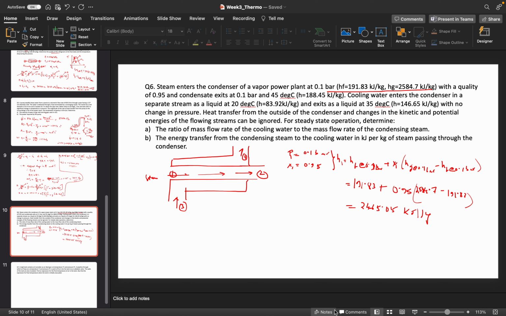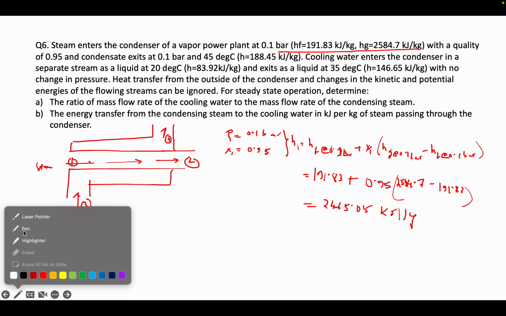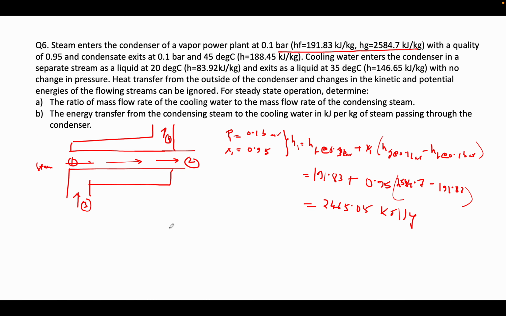Next, cooling water, and condensate exits at 0.1 bar and 45 degrees Celsius. So what it is telling us is that it becomes a condensate and exits.